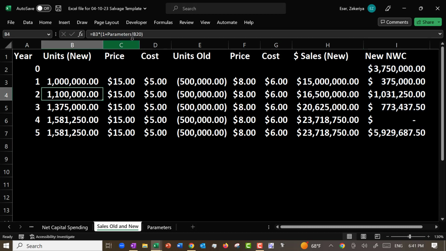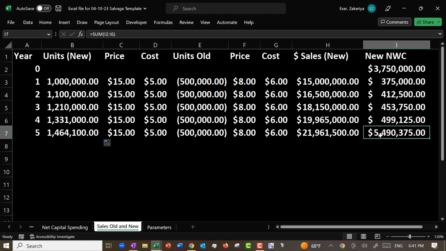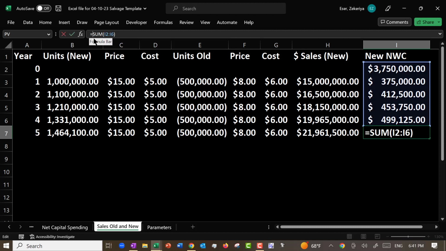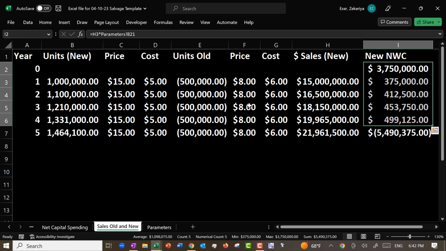Okay. And I'm going to put a negative in front of that. Because over the 5 years, I have $5.49 million worth of net working capital.